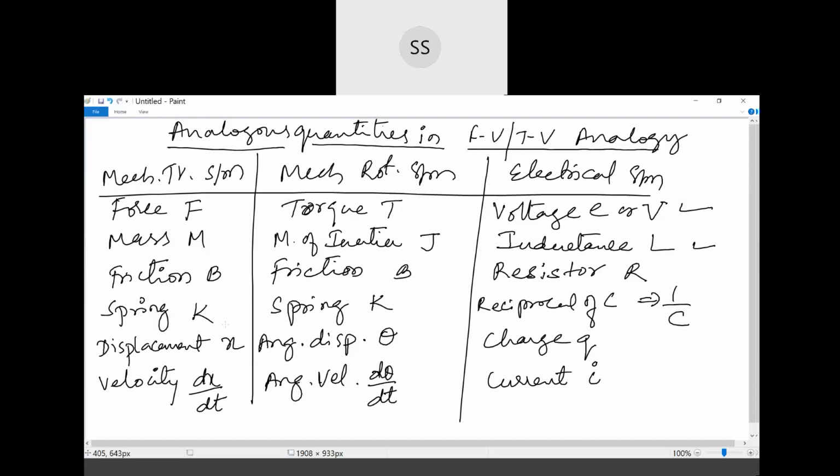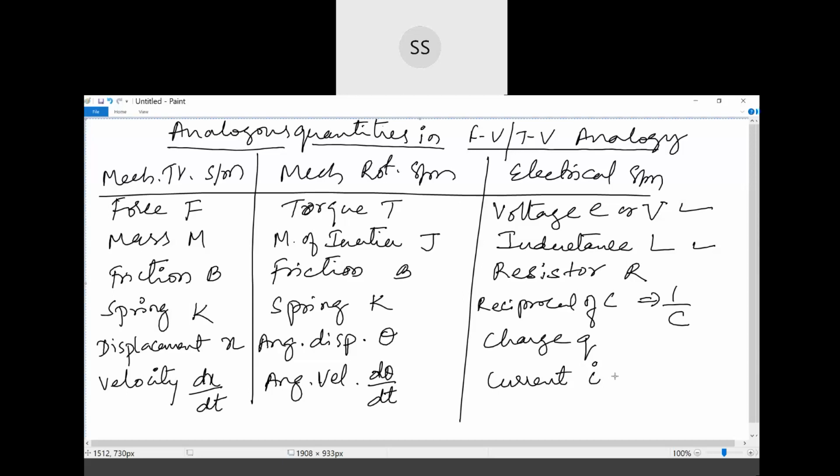Because of the applied force, if mass or moment of inertia gets displaced, then in electrical systems, because of the applied voltage V, the charges Q are generated. Similarly, the mass or inertia gets velocity, but here due to movement of charges, we get the current I. This is the one-to-one analogy between mechanical systems and electrical systems.